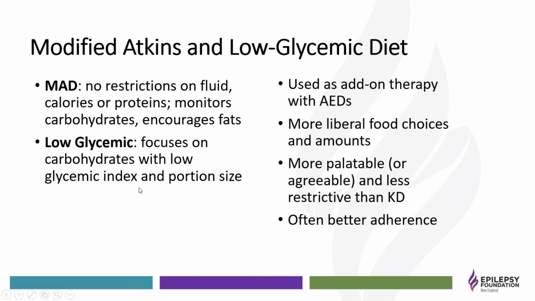And then the low glycemic diet was typically developed for people living with diabetes, but it teaches people how to focus on carbohydrates that don't spike your blood sugar. So for example, if you were looking at carbohydrates and you said, should I have a sweet potato or should I have spinach? Well, that's easy.